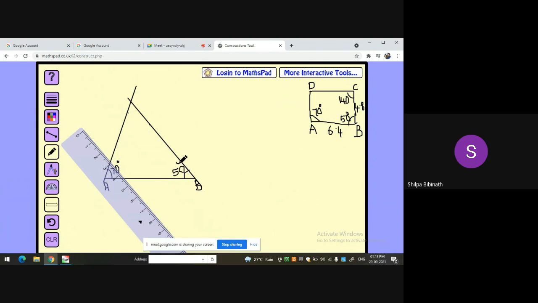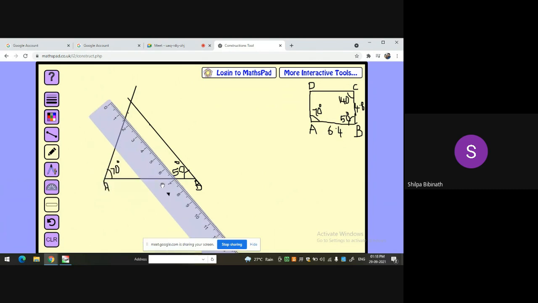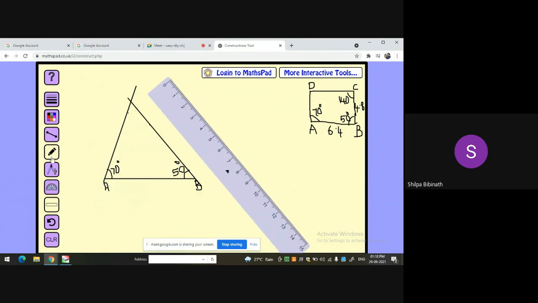Then which measurement is given there? 4.8. Now we need 4.8 from point B here to C. We don't know where is C. So at 4.8 centimeter we'll get point C. So we'll just mark point C. Take your compass, keep it at 0, and then we'll mark 4.8.